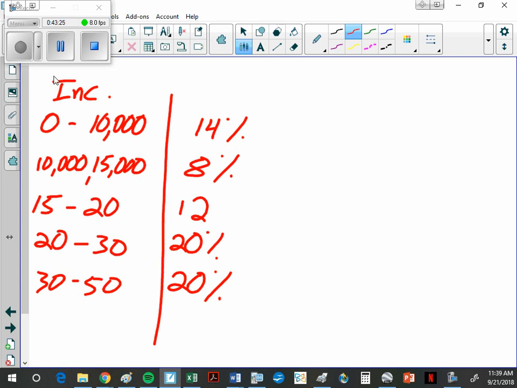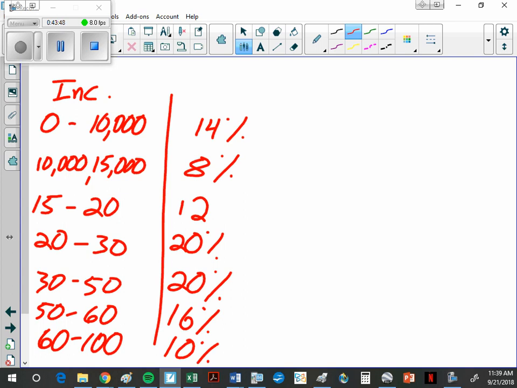How much is that? 2, 4, 6, 74. 50 to 60, we have 16%. So what am I up to? 90. And then from 60 to 100, we have 10%. Okay? So how do we draw this histogram?